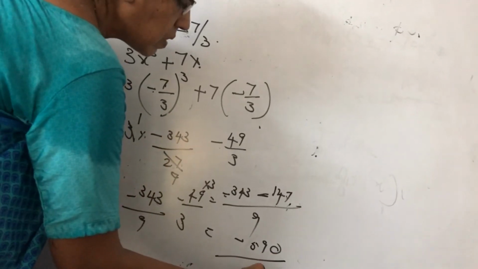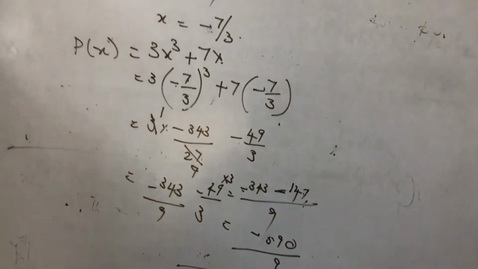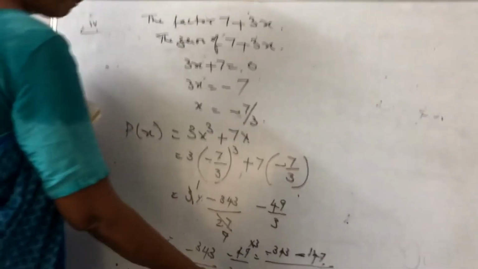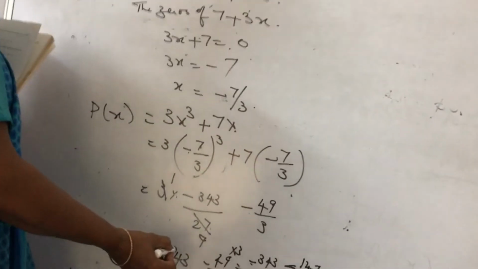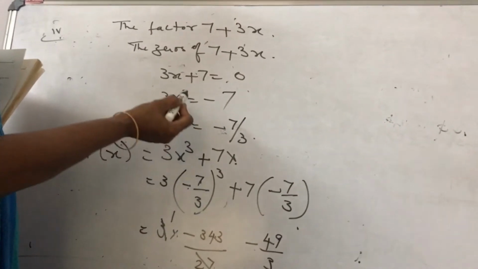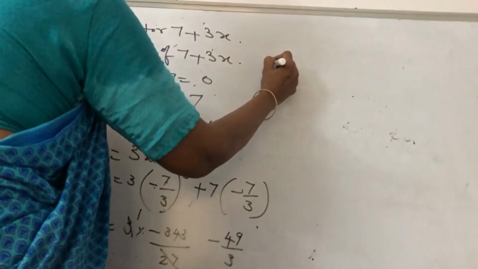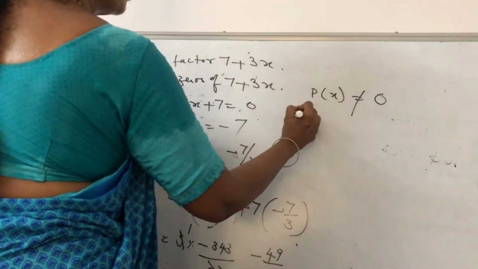And this is your remainder. You got how much, girls? Minus 590 by 9. Did it give the value 0? No. Factor means on substitution the value must be equal to 0. P of x is not equal to 0.